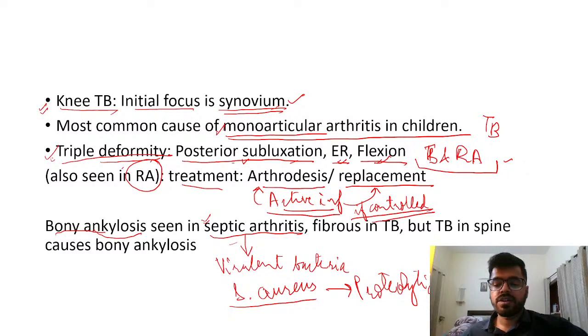Cartilage destruction exposes the subchondral bone, the bone underneath the cartilage, and this leads to bone-to-bone union or ankylosis.